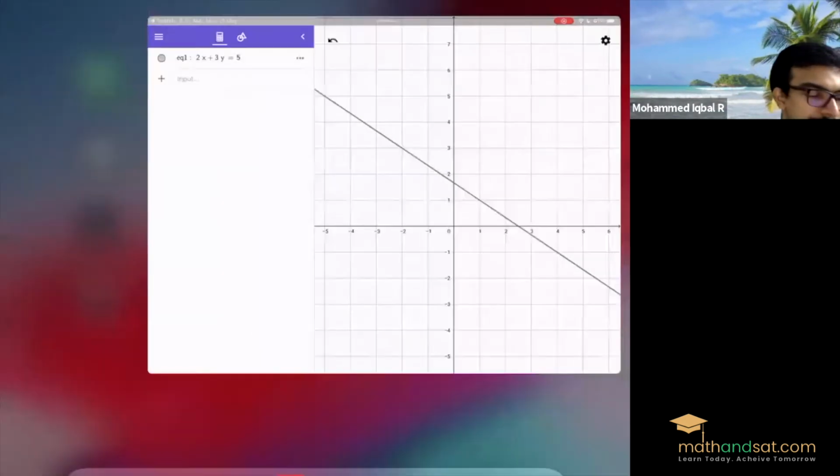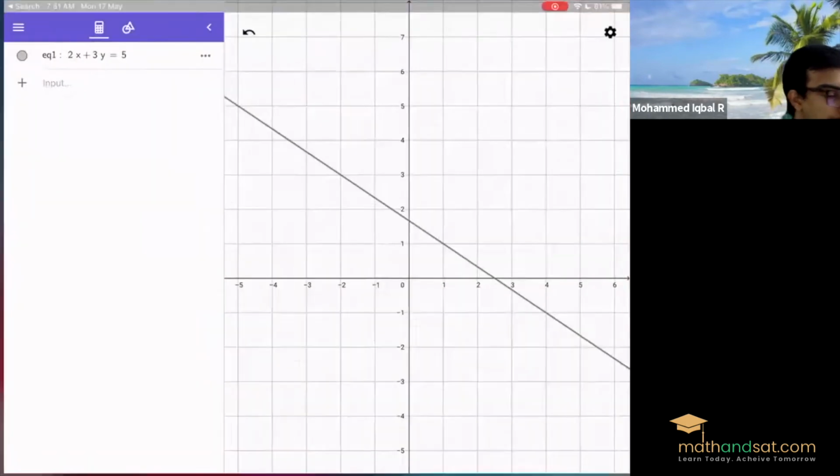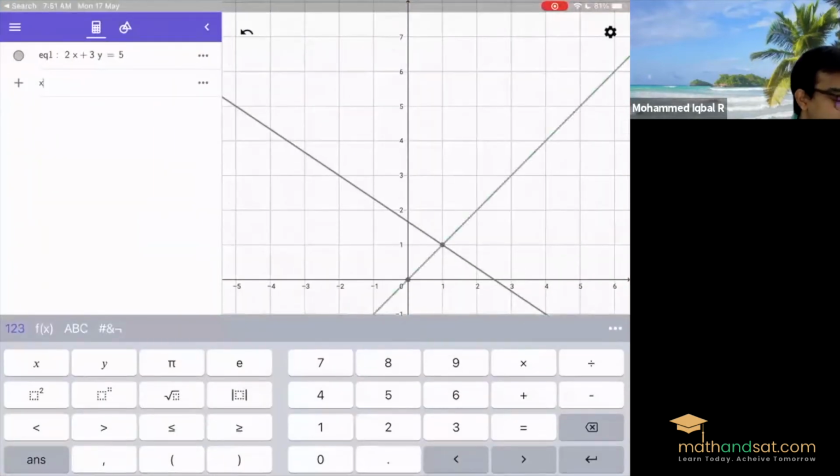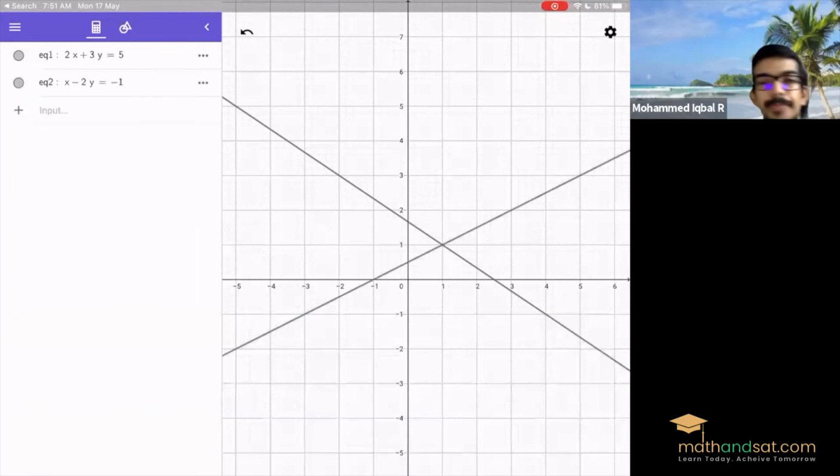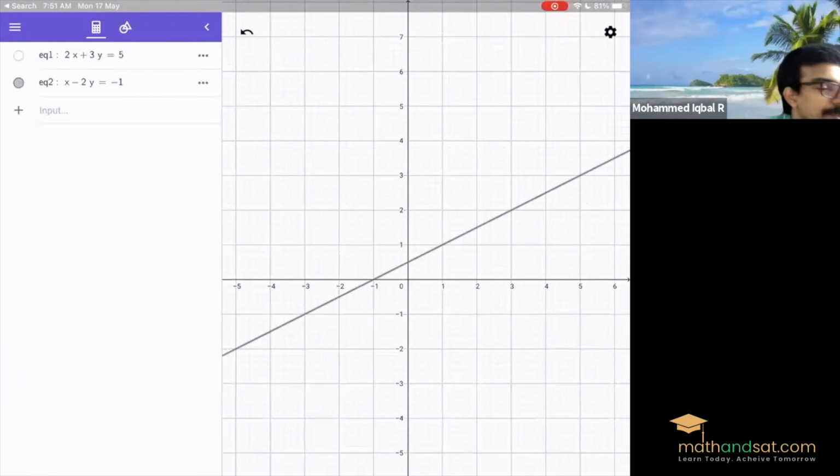Now comes the second line. We have x minus 2y is equal to minus 1. Even for the second line, any point on the second line will be a solution to the second equation.